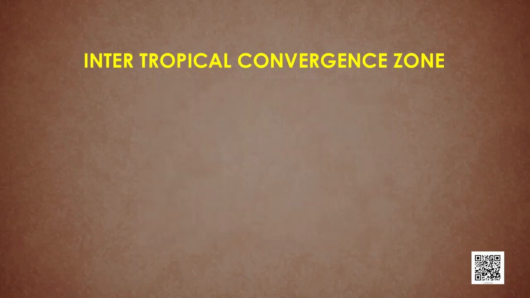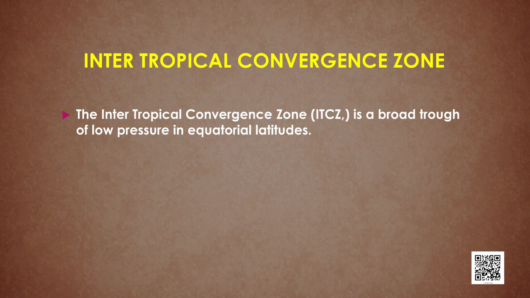Children, have you heard of ITCZ? ITCZ is the Intertropical Convergence Zone. If you try to understand these terms, inter means between, tropical means the tropical region, convergence is where they converge, and zone is the area. So, the Intertropical Convergence Zone is a broad trough of low pressure in the equatorial latitudes. When I tell you that the pressure changes and the movement of wind changes, this happens due to the Intertropical Convergence Zone.